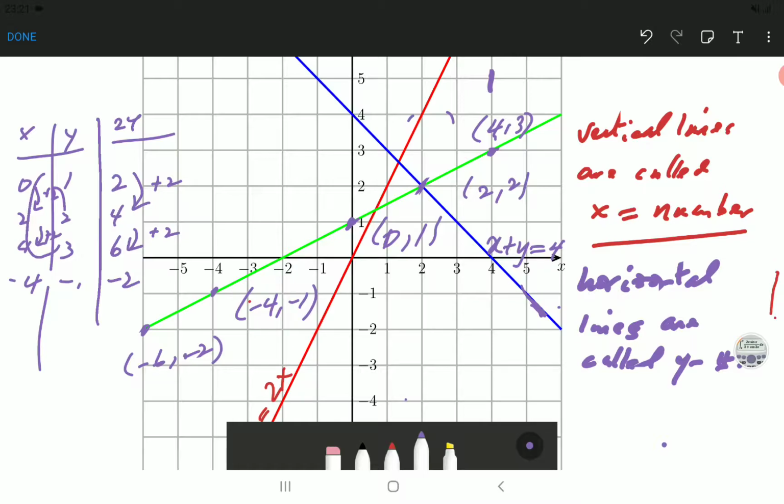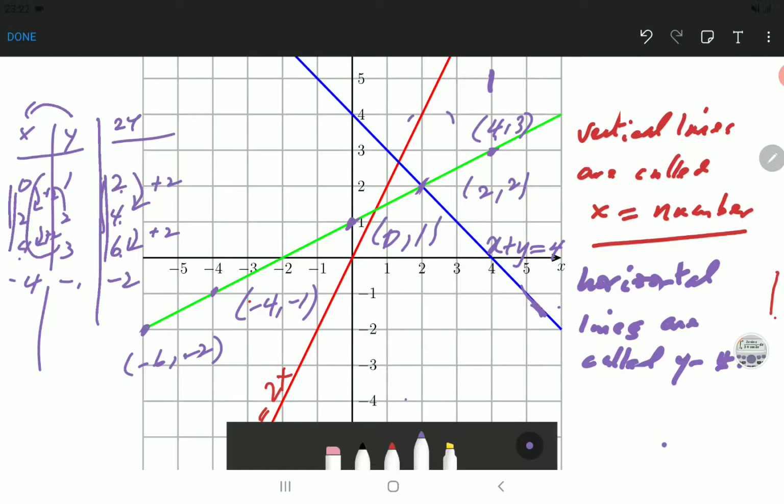But still, these numbers here are not the same as these numbers here. Notice this, I'm going from y to x just because the opportunity made it a bit easier. If you compare these numbers to these numbers, you've got 2 and 0, 4 and 2, 6 and 4.